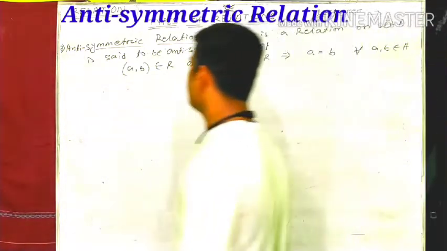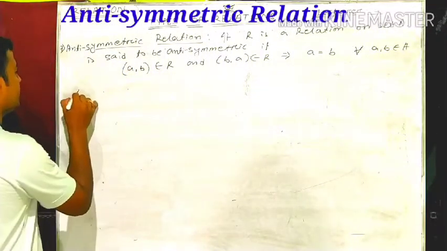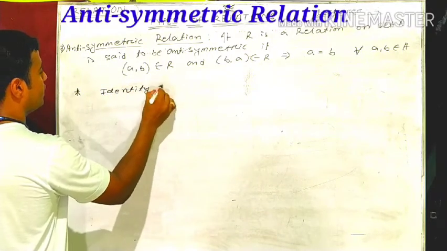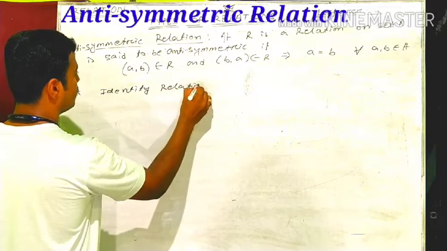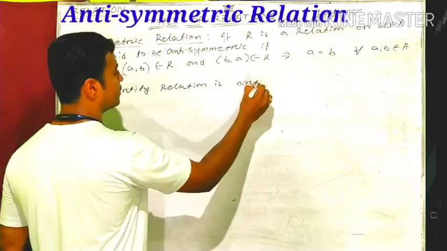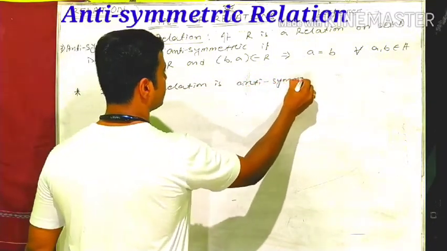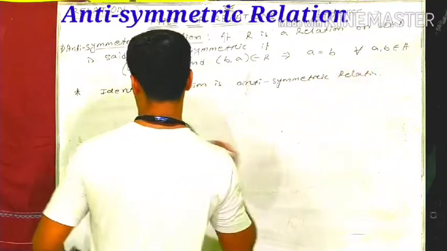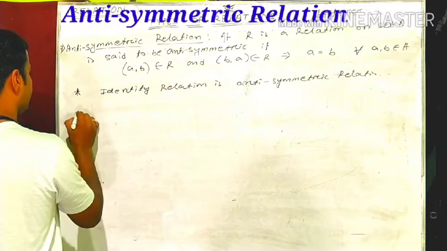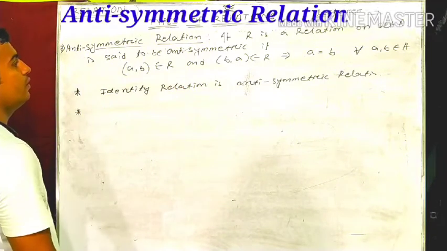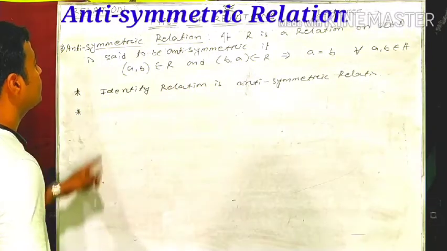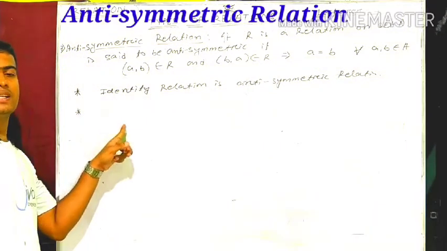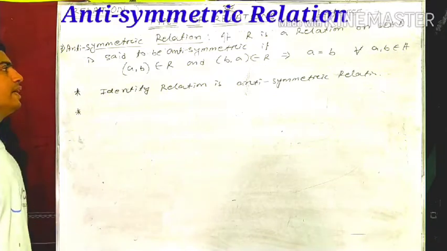So for the examples, first, the identity relation is an anti-symmetric relation. Second example, a relation which is identity with reflexive is also an anti-symmetric relation.